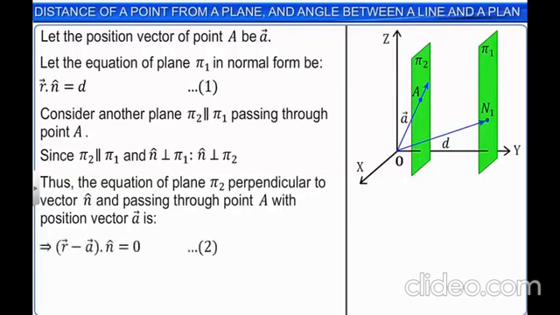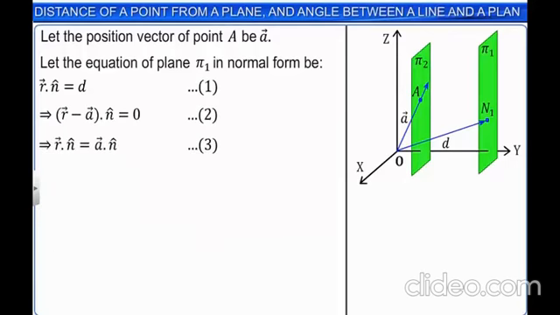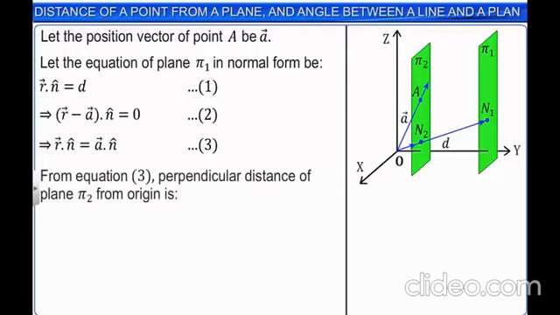Simplifying equation 2, we get equation 3. Comparing equation 3 with the standard normal form of the equation of a plane, we find that perpendicular distance ON2 of plane pi2 from the origin is given by equation 4.